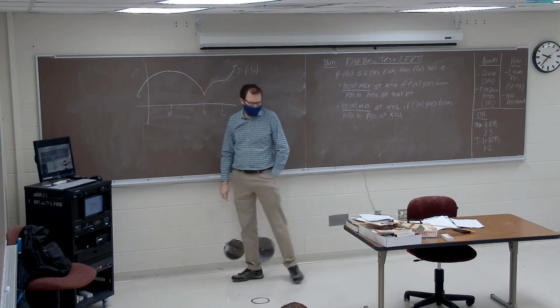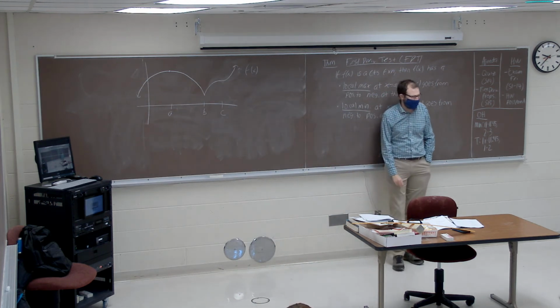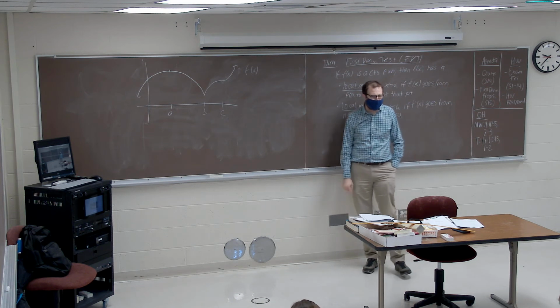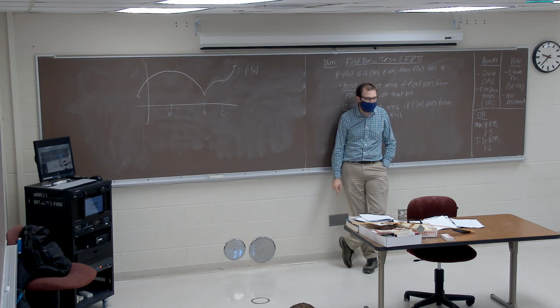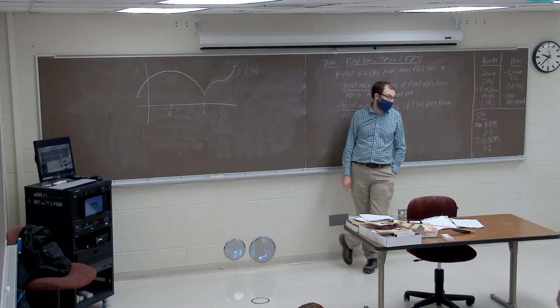If you notice, what's happening to our function at x equals a? What type of point does it look like our function has? Local maximum. Looks like it has a local maximum. Is that going to be an absolute max?